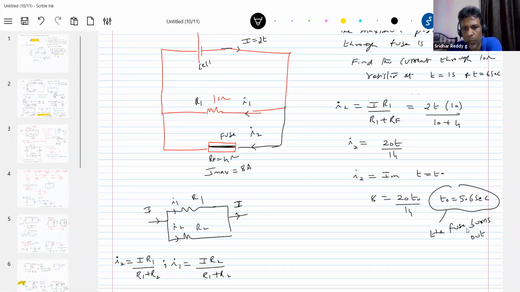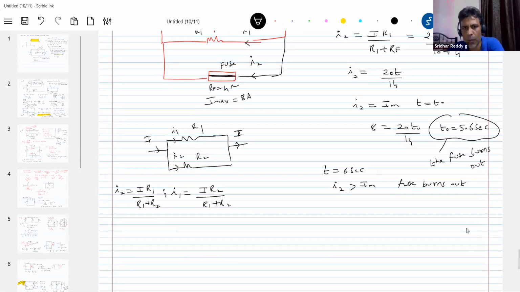So I'll start with the problem first. At t equal to 6 seconds, the fuse will burn out. I2 will be greater than IM, and the fuse burns out. If the fuse burns out, what should you do?